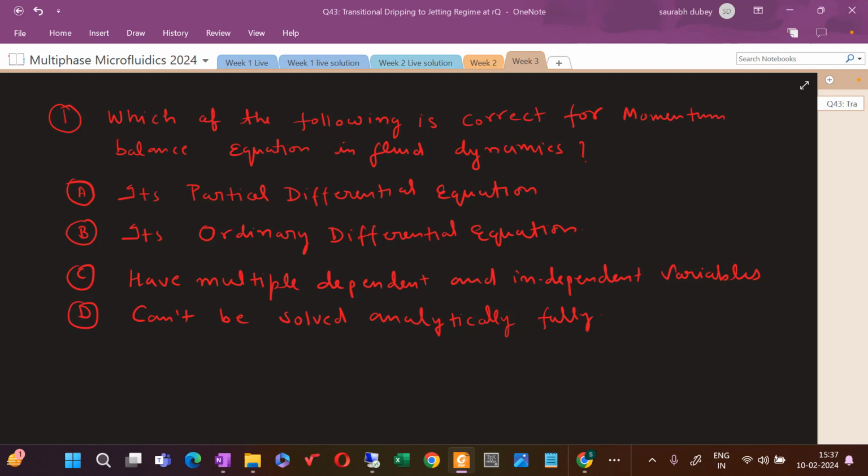Option C says it has multiple dependent and independent variables in it. And the last option is that it can't be solved analytically if you want to solve it fully. So just attempt this problem. Meanwhile, I will wait so that I get something out.